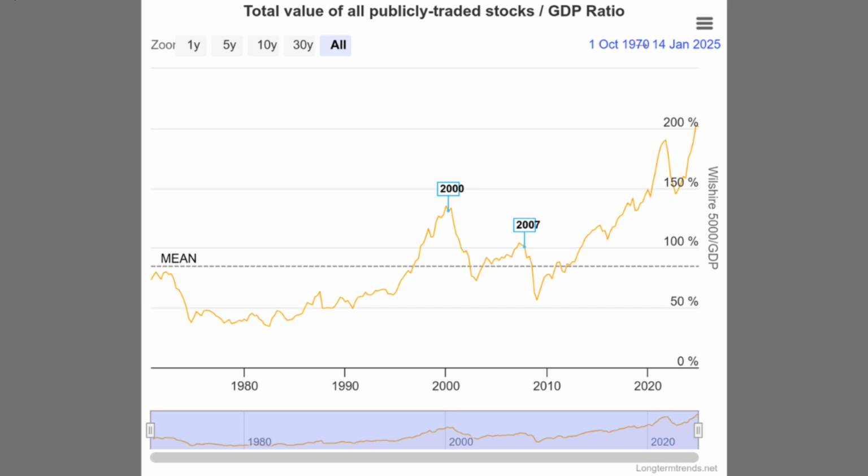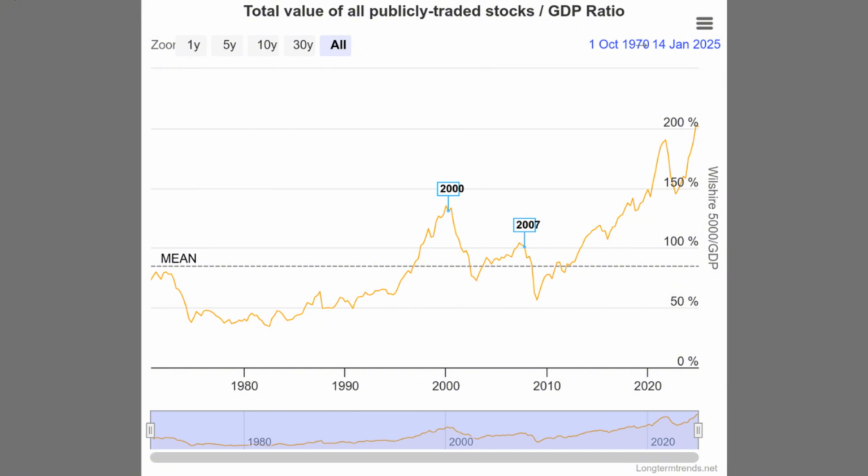If you go to 2000, that's where you see the stock market bubble, and it's well above the mean in 2000. Then again in 2007, it was above the mean. 2007 was mostly a housing crisis, so the stock market was less involved in 2007. But then after that, it did drop down below the mean again.